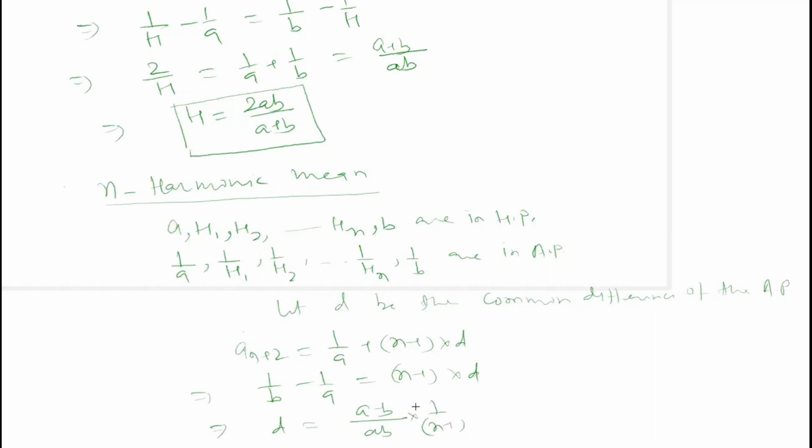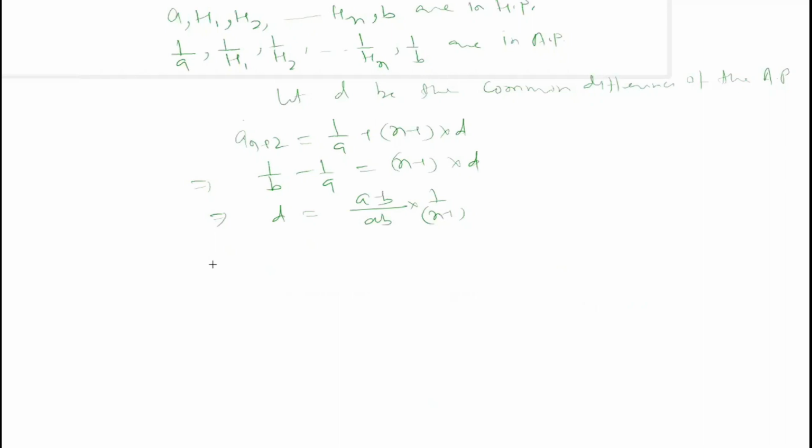Now I've got that, then I can say that what is my 1 by H1? My 1 by H1 is going to be 1 by A plus D, right? So A minus B upon AB into n minus 1. So from here you have to get H1.